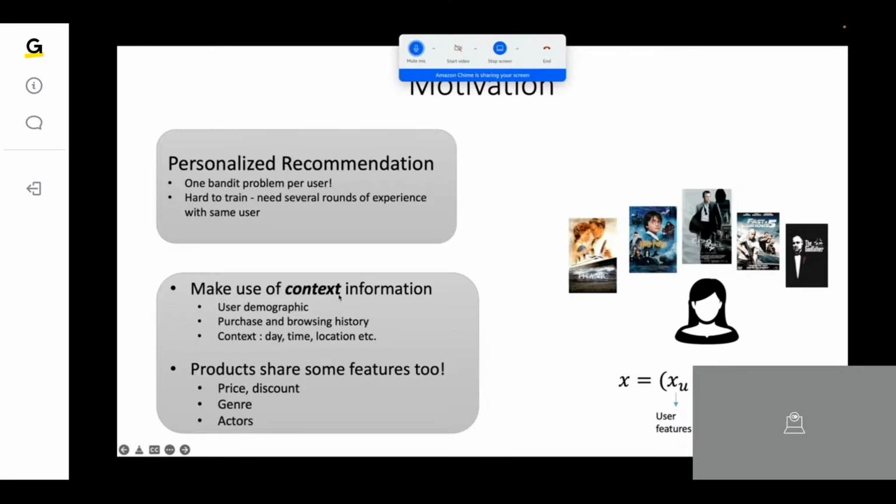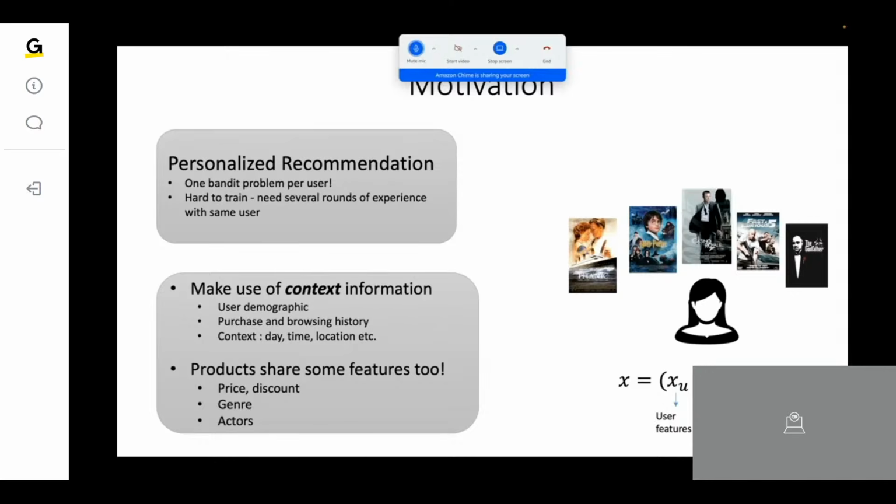So that brings us to context information, where this context can be user demographics, their purchase and browsing history. It can also be other side information, like what day of the week or month it is, if some event is running, and so on.